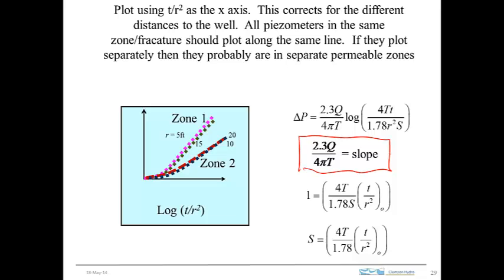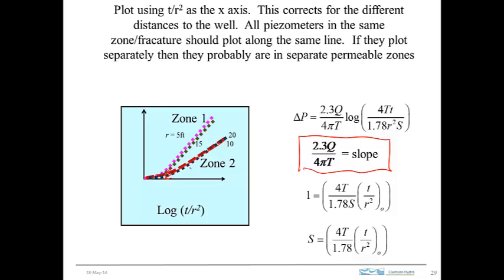Then to get the storativity, remember what we did before was to extrapolate back and determine t sub 0. So we would fit a straight line here and go back and determine t sub 0, and then we use that t sub 0 in the calculation of the storativity.